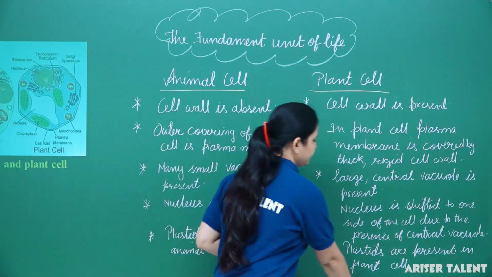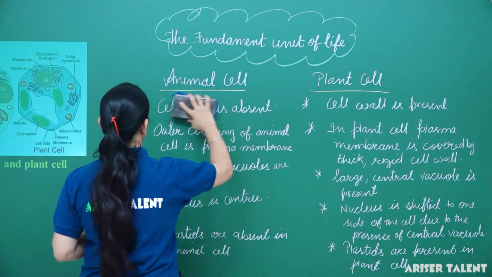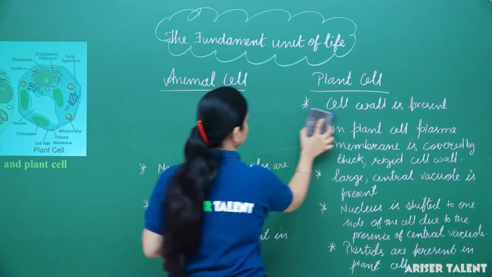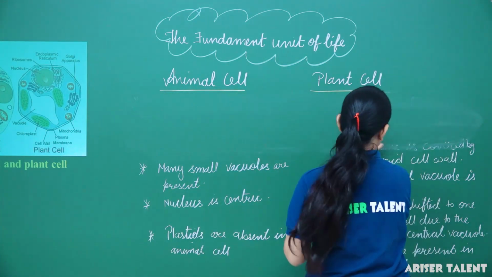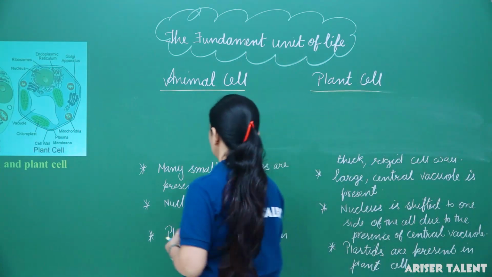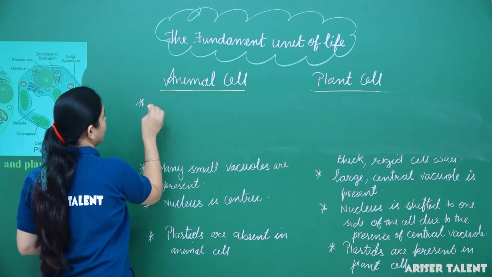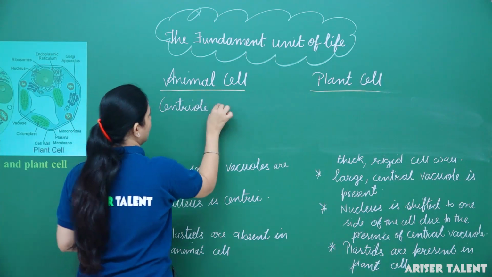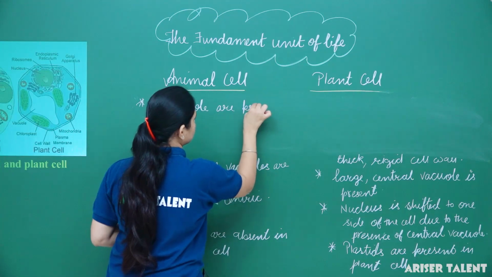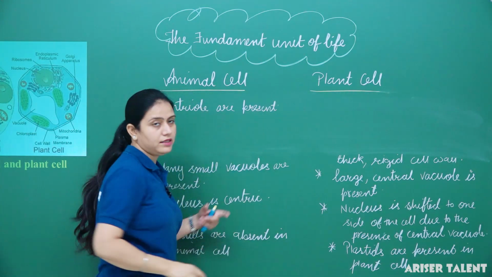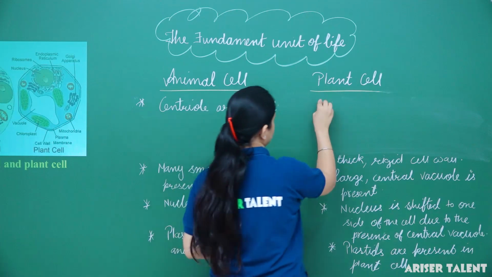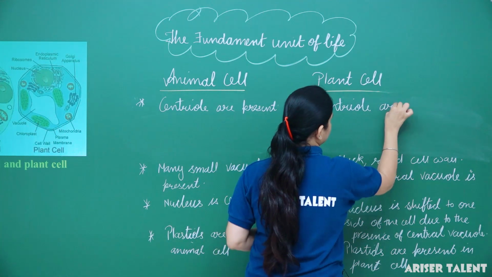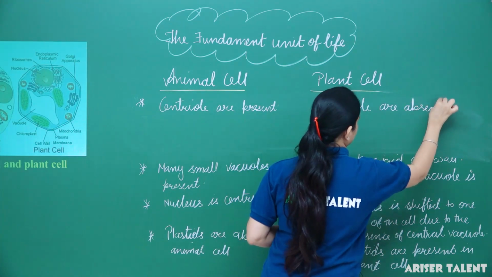Next difference: here we can mention, in the animal cell, centrioles are present, but in the plant cell, centrioles are absent. Okay.